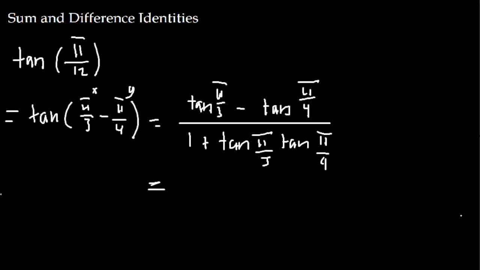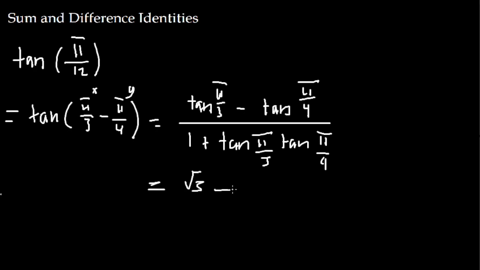Anyway, using our calculator, let us find, wait lang, nire-radians ko lang. Ayan. Let us find the coordinates of tangent of pi over 3. It's square root of 3. Nag-record ba? Okay. Record pa naman.